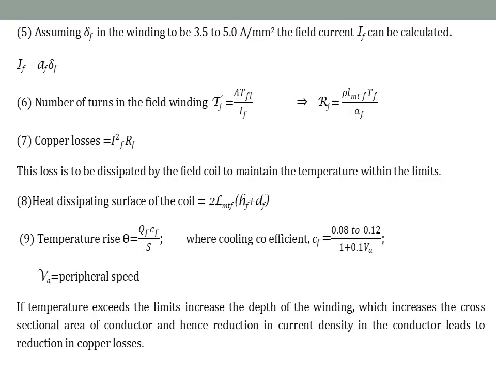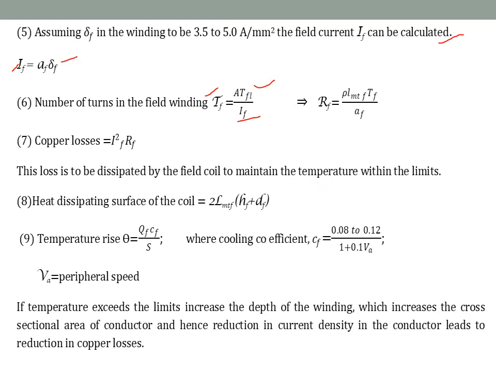So assuming delta F in the field winding to be 3.5 to 5 amps per mm square, the field current IF can be calculated using this equation. Once you find out IF, the number of turns you can easily find out. TF is equal to ATFL divided by IF. This is ampere turn, if you divide it by ampere, you will get turn.